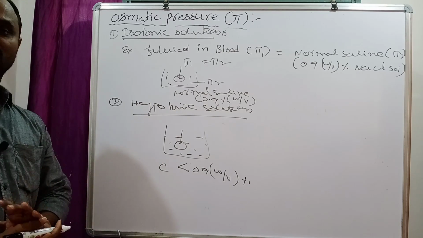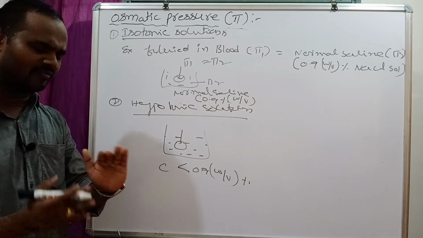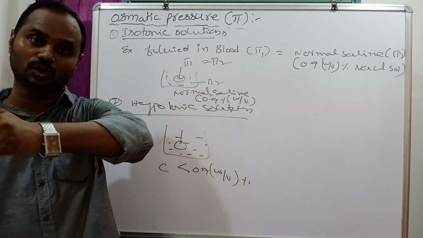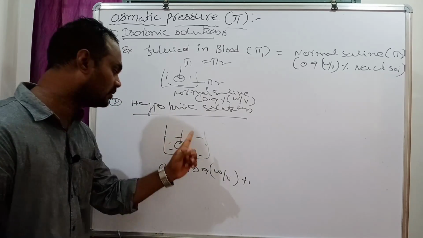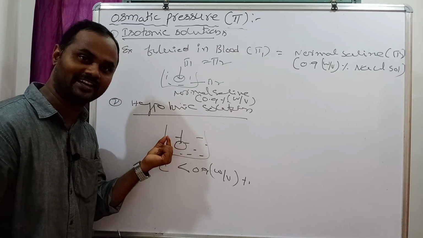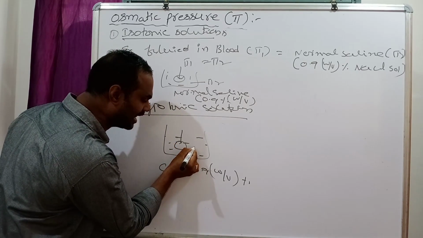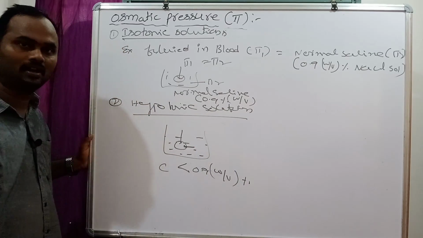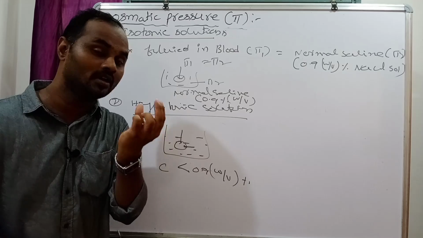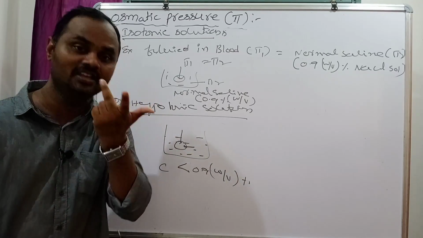Osmosis always takes place from dilute solution to concentrated solution. Outside solution is dilute, the cell is concentrated. That's why solvent molecules pass through the cell membrane into the cell. Due to absorption of solvent or water molecules, the size of the cell increases. The cell will be swollen.